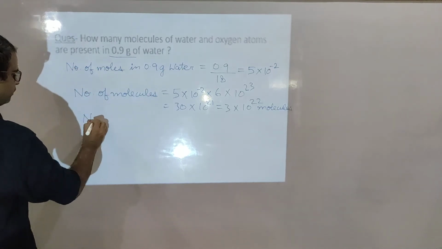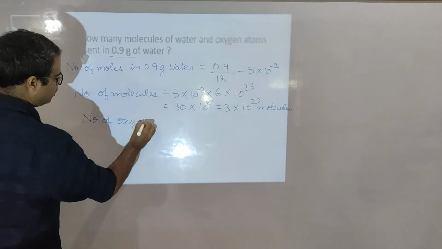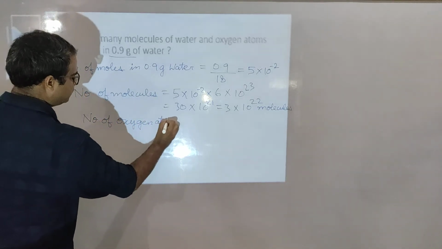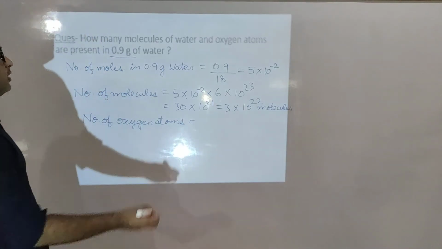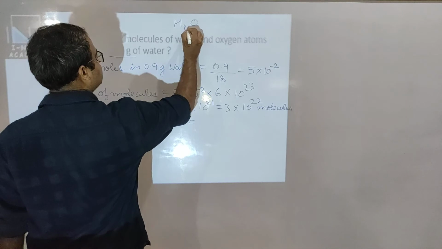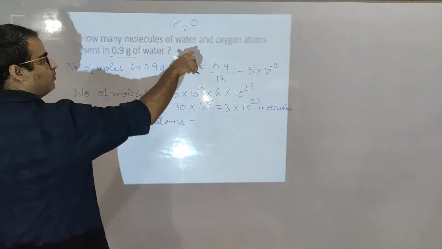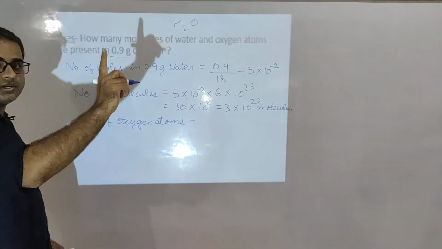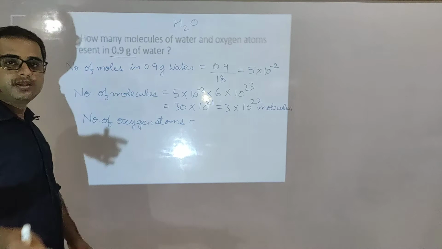So the number of oxygen atoms will be what? We know that in one water molecule, what is the number of oxygen atoms? It is only one oxygen. In one water molecule, only one oxygen is there. So the atomicity of oxygen in a water molecule will be 1.